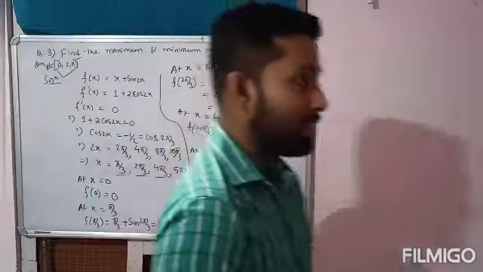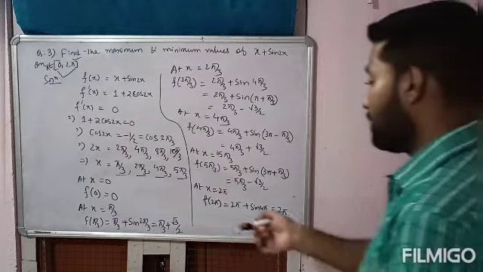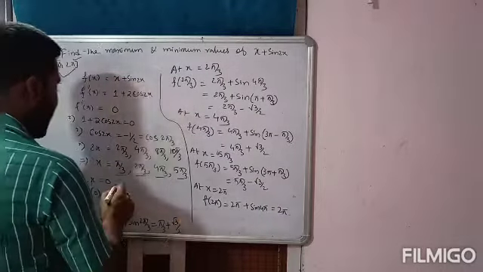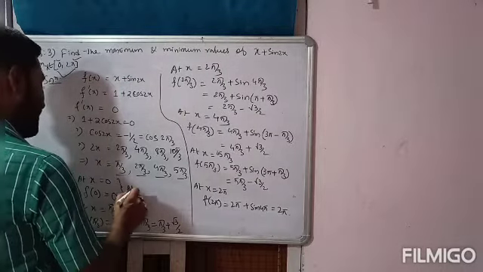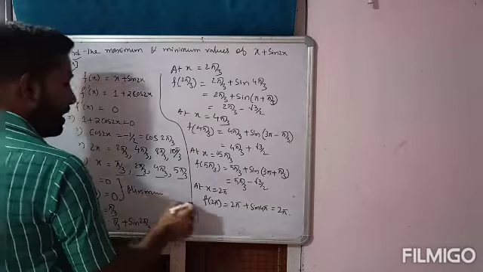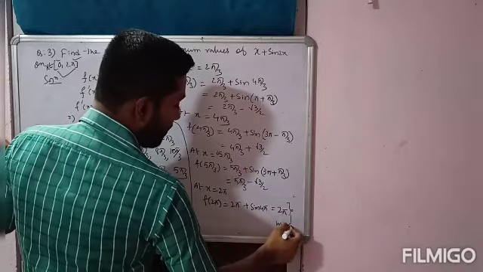ठीक है, at x equal to twice pi we got twice pi, and at x equal to 0 we got 0. Therefore we can say that this is the minimum value, and twice pi this is the maximum value.